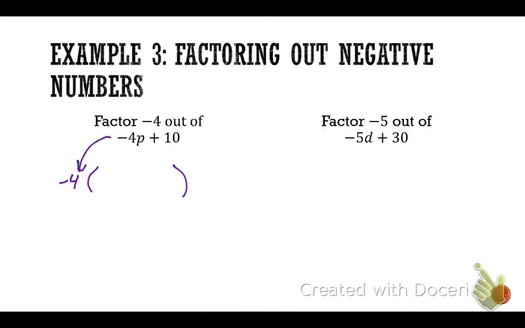So be careful on your positive and negative rules. What's negative 4 divided by negative 4? Positive 1. Okay, so 1p. Just bring down your p. Now, what is 10 divided by negative 4?